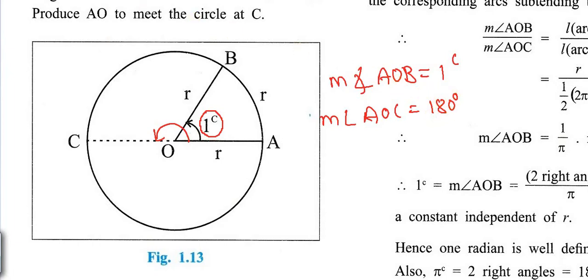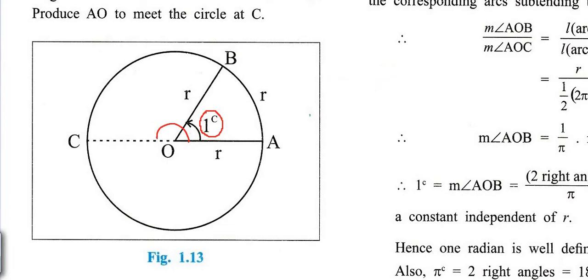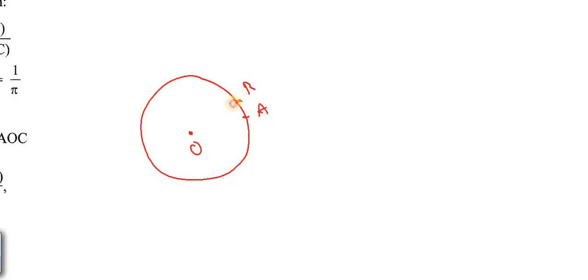So now one more thing I would like to explain is, as the length of arc changes, the angle subtended also changes. So I will clear this point. Now consider a circle like this, and consider two arcs along this circle. Let O be the center of the circle. One arc we will consider arc AB, and the second arc we will consider is CD.